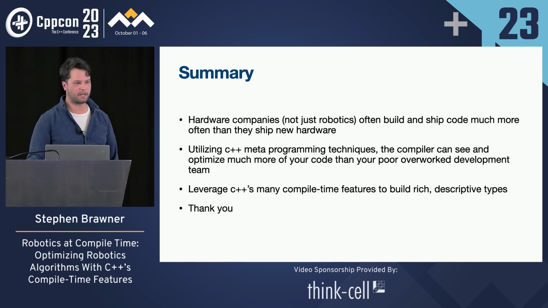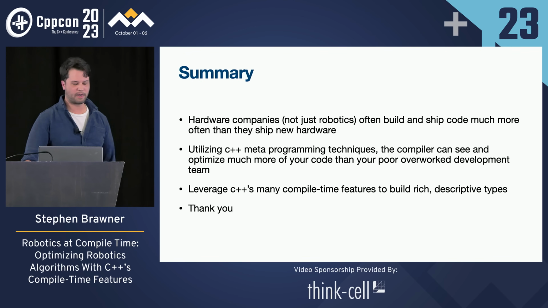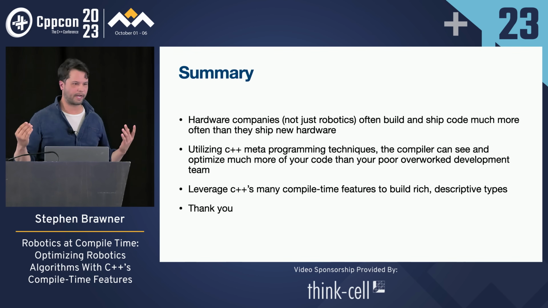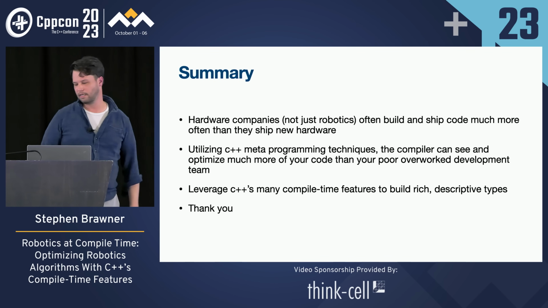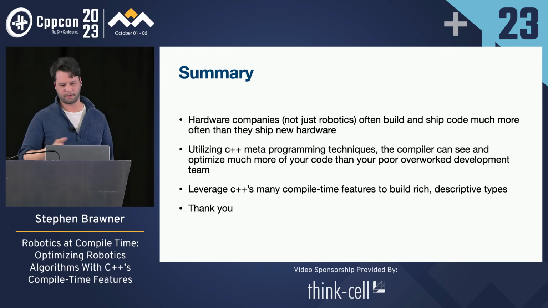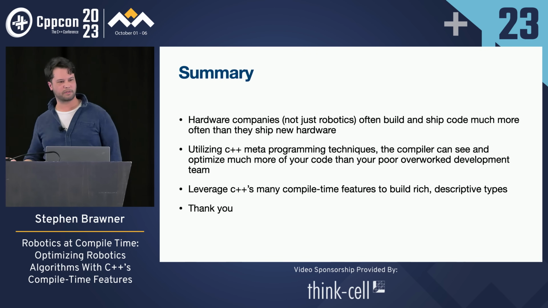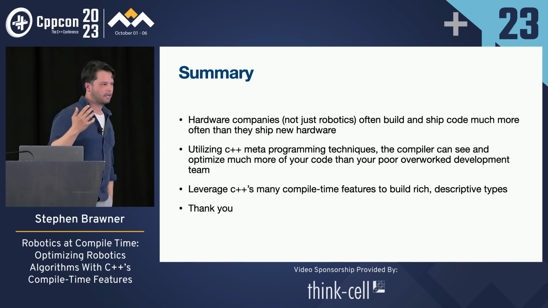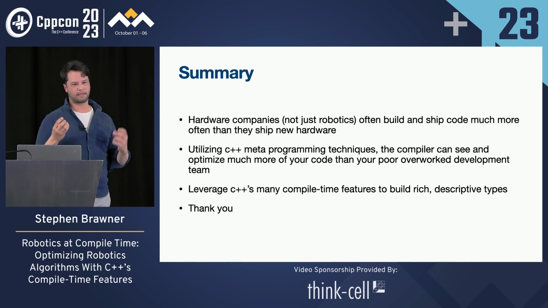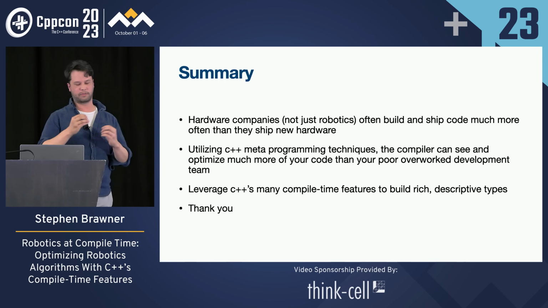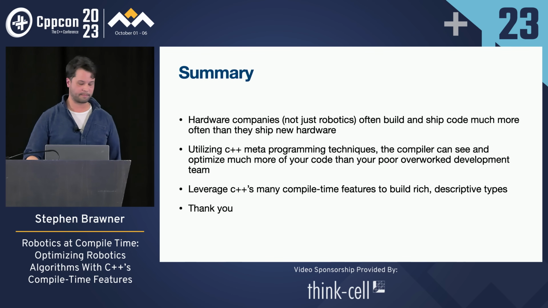I will say that a lot of the code I write runs on embedded platforms, and so I'm not exactly experiencing large compile times. There, I care a lot more about large binary sizes, and that can also be an issue with some, I guess, naive approaches to template metaprogramming. Sometimes your compiler is going to make it a lot smaller because you've given it a lot more information. Sometimes you've just told the compiler to duplicate my code in many different ways. And so it does need to be something that you're careful of.